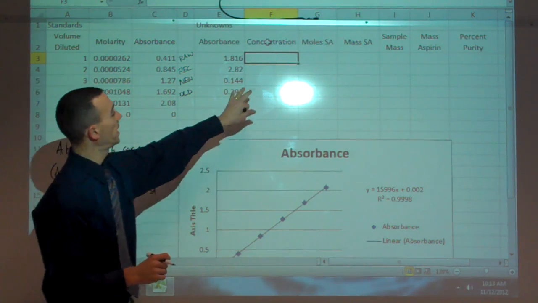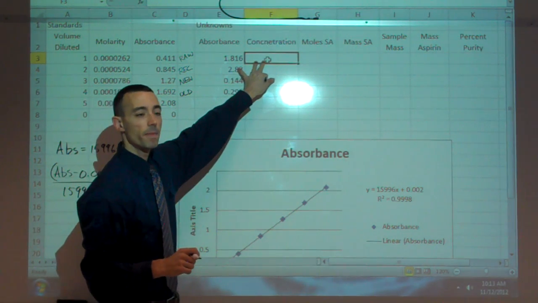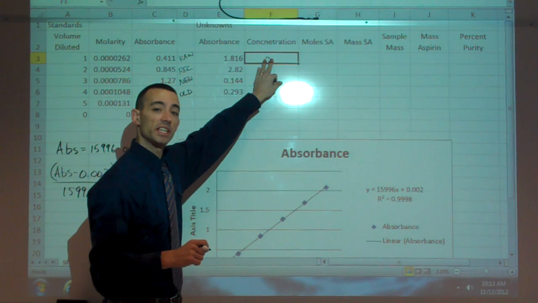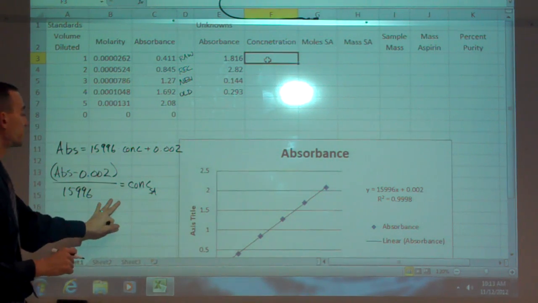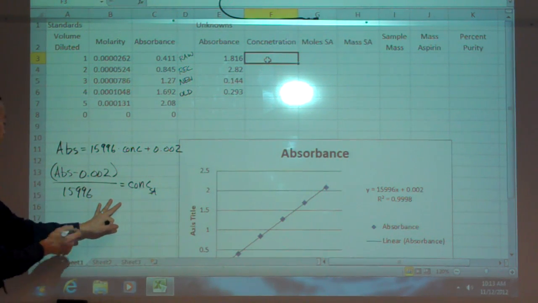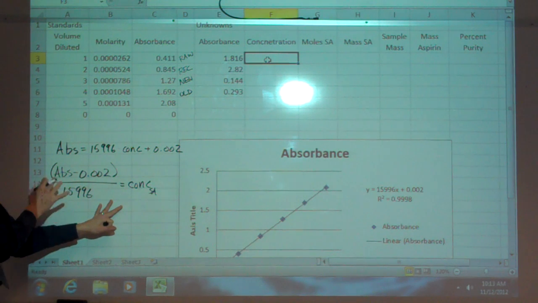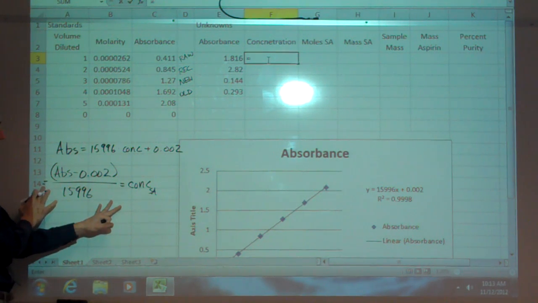Now in the concentration column, I'm going to calculate these concentrations using this formula that I just described. So we need to type in this formula. That would be, begin with an equals sign. We would open a parentheses.